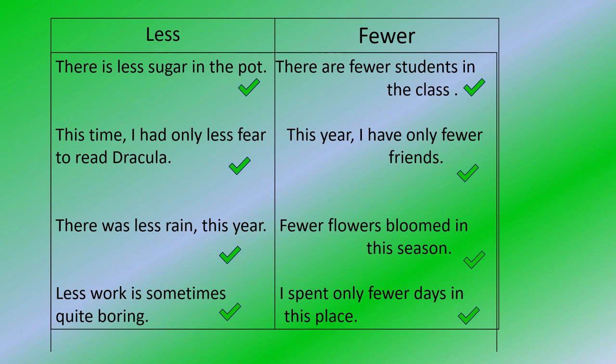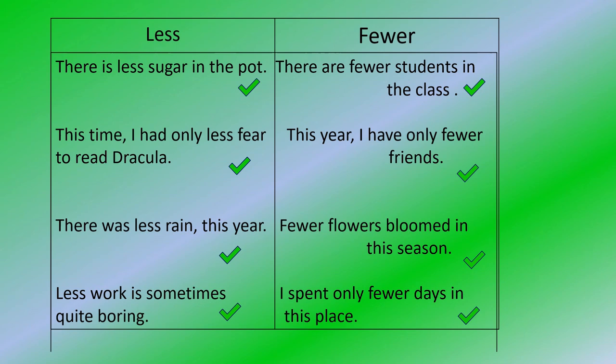Next sentence, I spent only fewer days in this place. Days, countable. Fewer, the determiner that helped us to introduce the countable noun days. I spent only fewer days in this place means a comparison can be sensed.